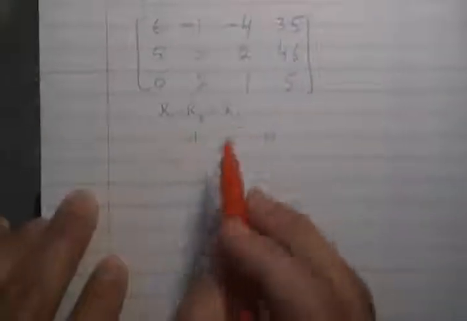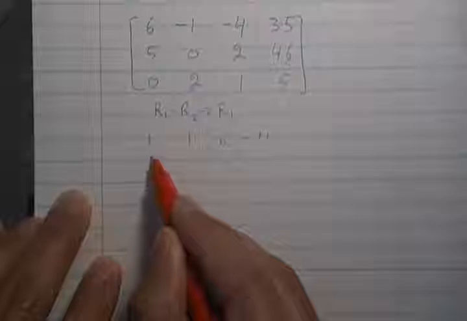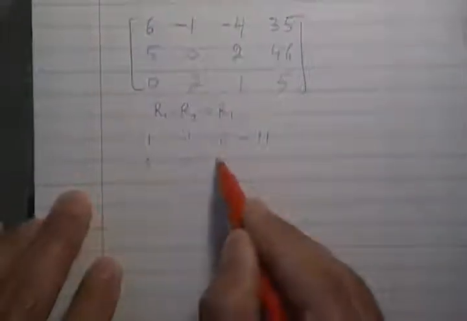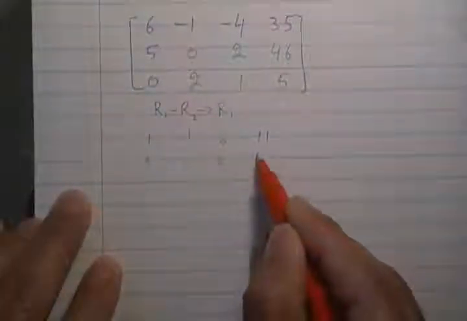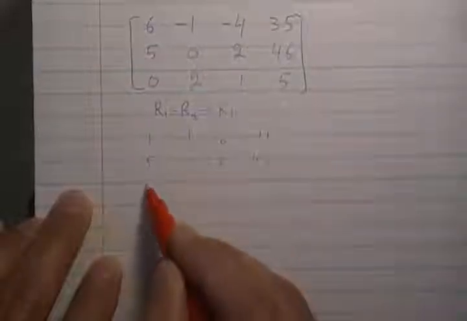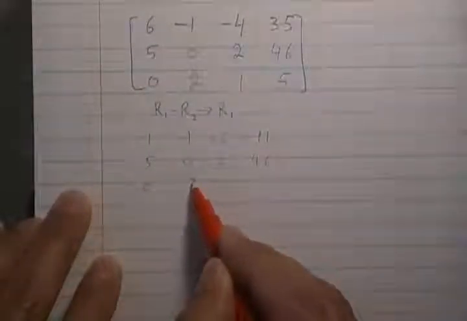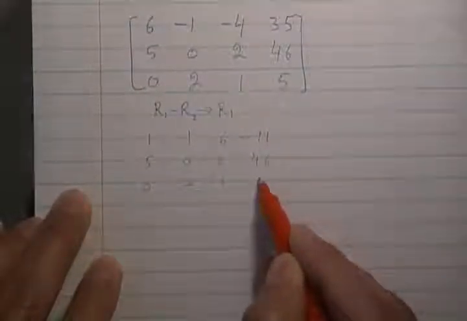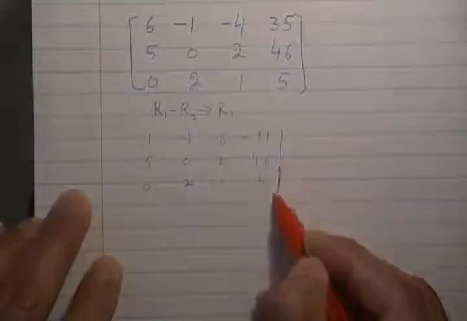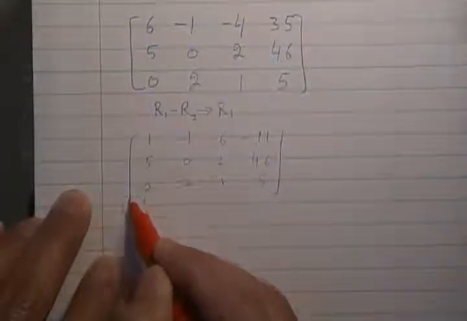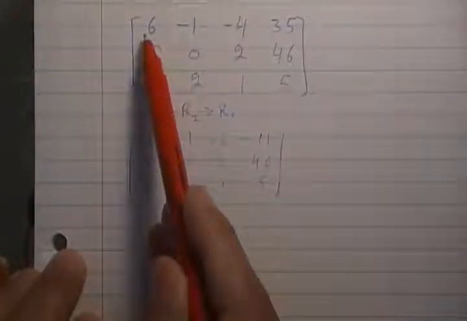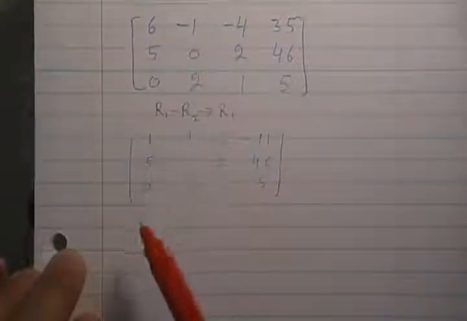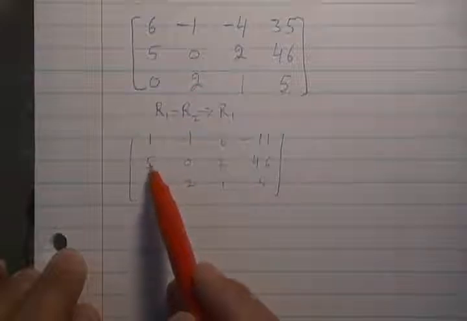And then everything else as it is: 5, 0, 2, 46, 0, 2, 1, 5. Okay, so with this one row operation, we changed this 6 into 1.